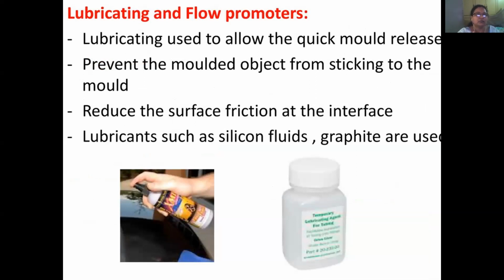Similarly, we need lubrication for preparation of plastic materials also. So it reduces the surface friction at the interface. Lubricants such as silicone fluids and graphites are used.